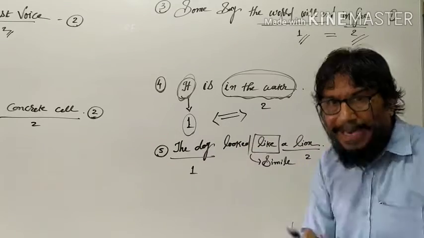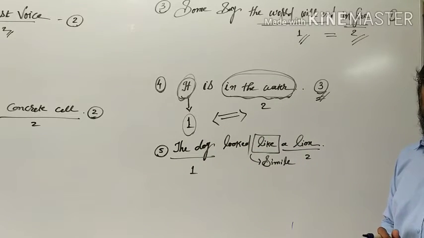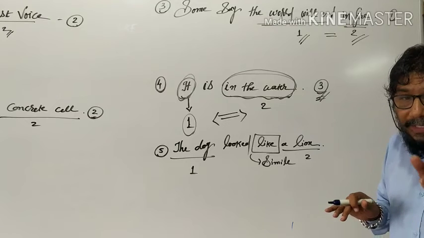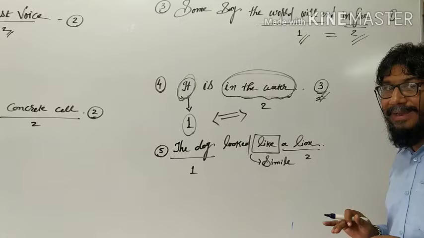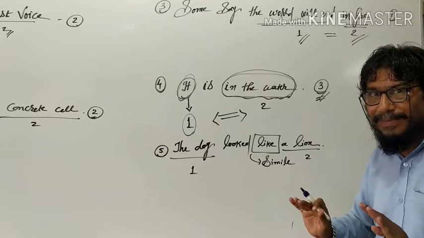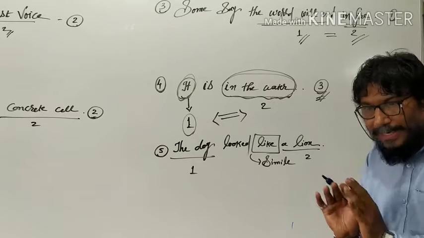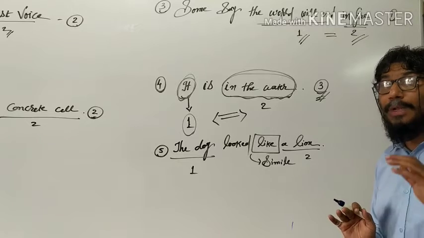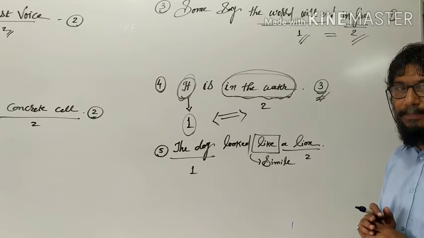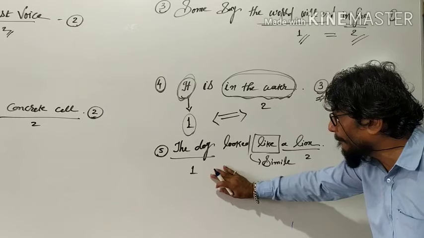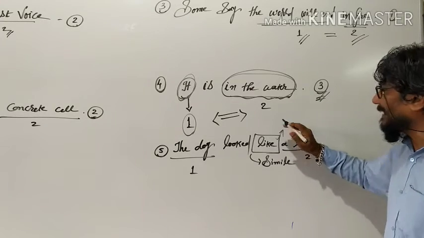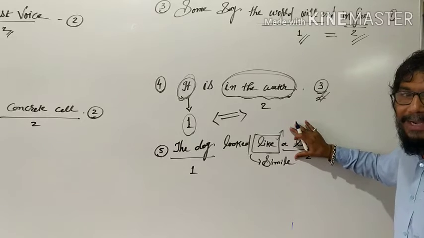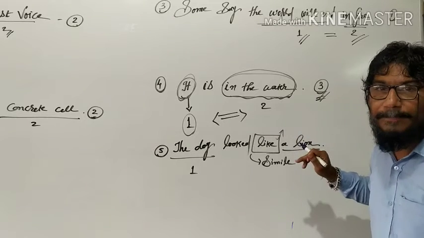Somewhere else equality is there, and that equality is up to 99.99. It's not 100%, but equality is there. Equal comparative aspect will be there. For that I have compared the dog with the lion. So this is not the example of metaphor, but this is the example of simile.